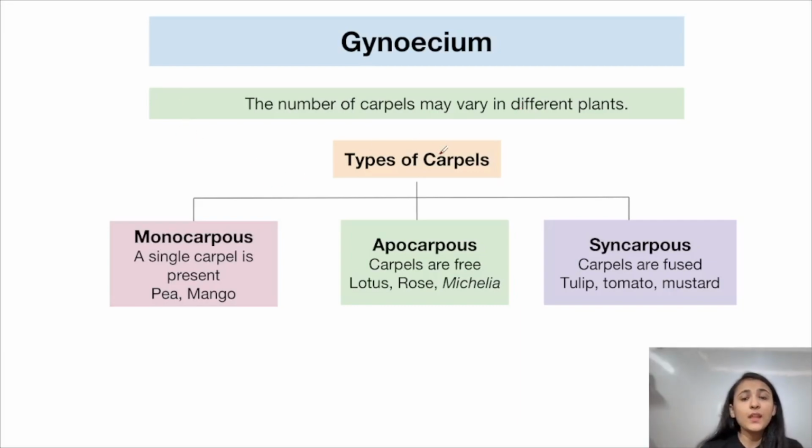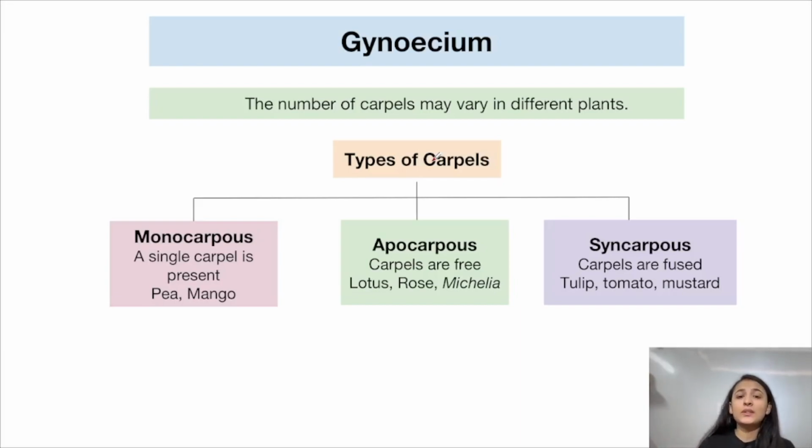Now based upon the number of carpels and based upon whether the carpels remain free or whether they get fused to each other, if they are present in a number of 2, 3 or 4, they could be either present as free structures or they could be fused with each other.